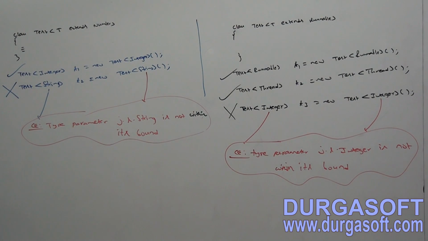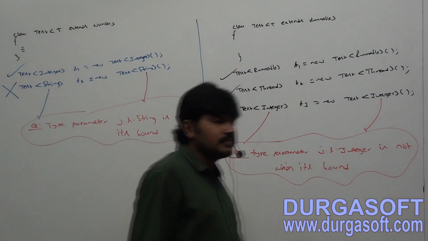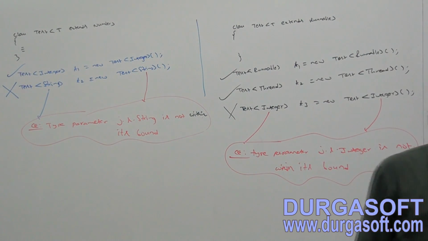Take clearly. So what is a bounded type? How to define a bounded type?